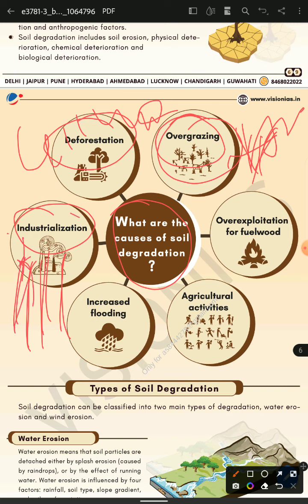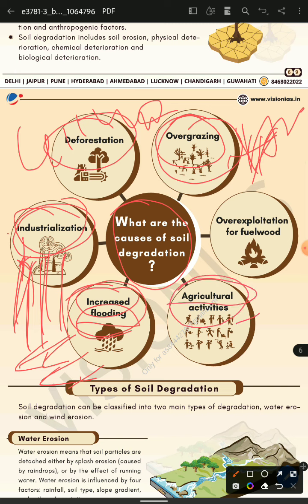And increasing flooding, because of deforestation and agriculture activities like jhum cultivation.